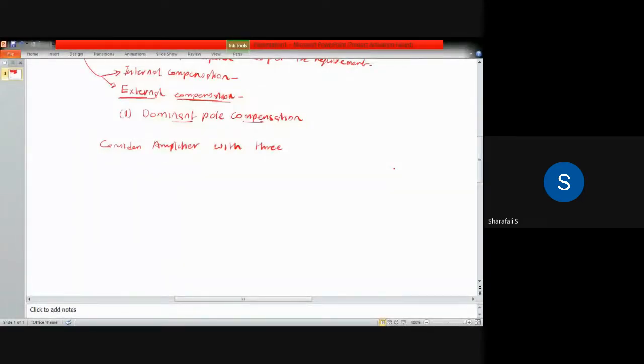So let's consider, for this dominant pole, a three break frequency system, an amplifier with three break frequencies.